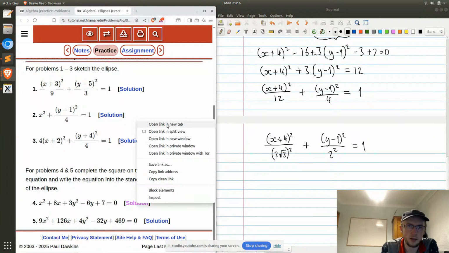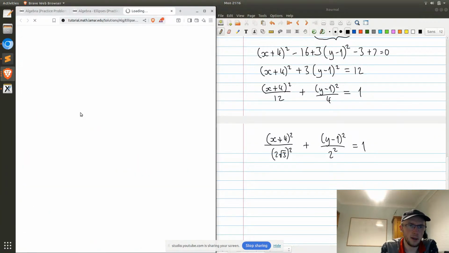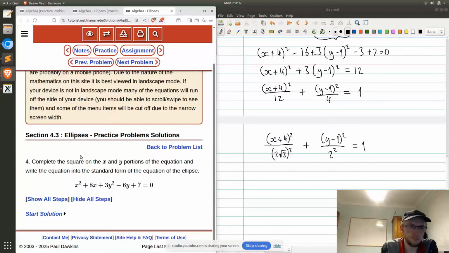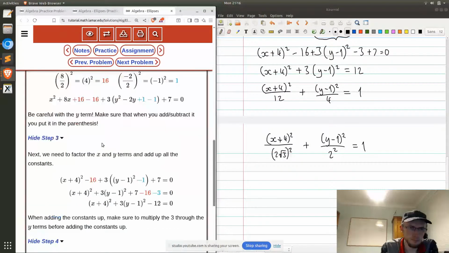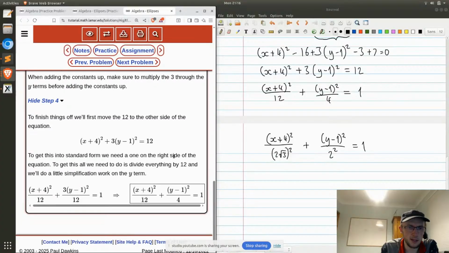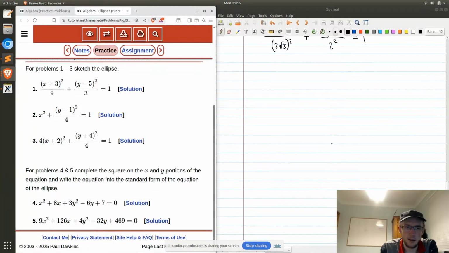Let's check if that was done correctly. Okay, that's good. The last step, I guess that wasn't needed, but otherwise we agree. Okay, next one.